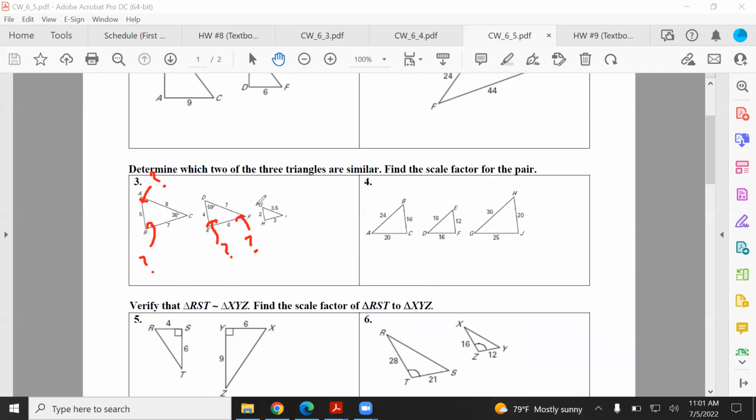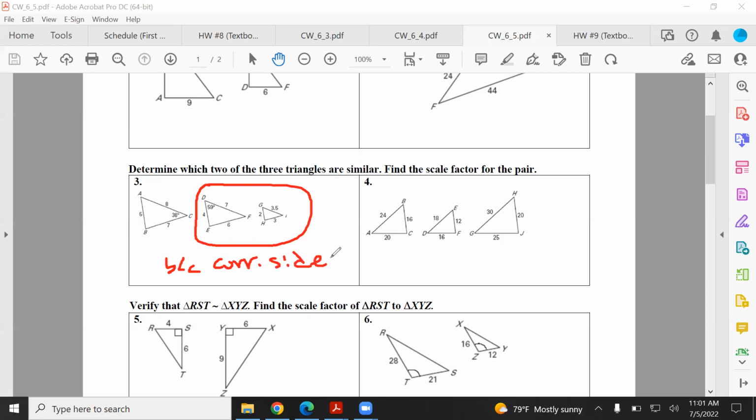So I don't think I could really look at angles here. But we could look at sides. I have a feeling it's going to be these two.